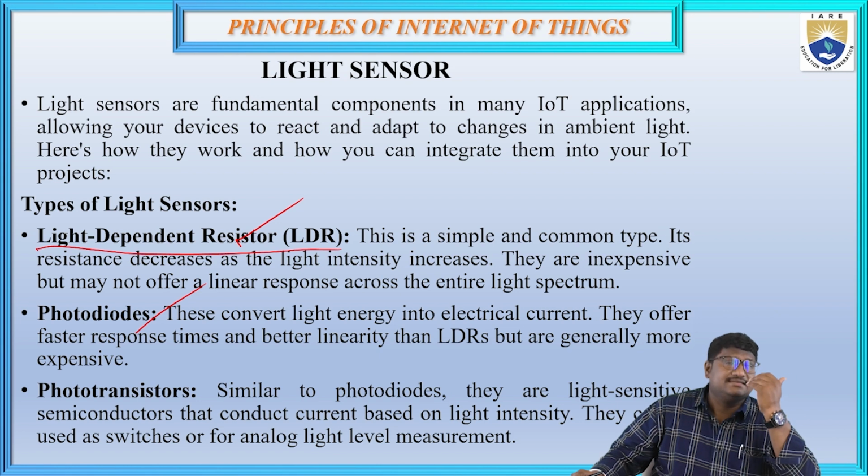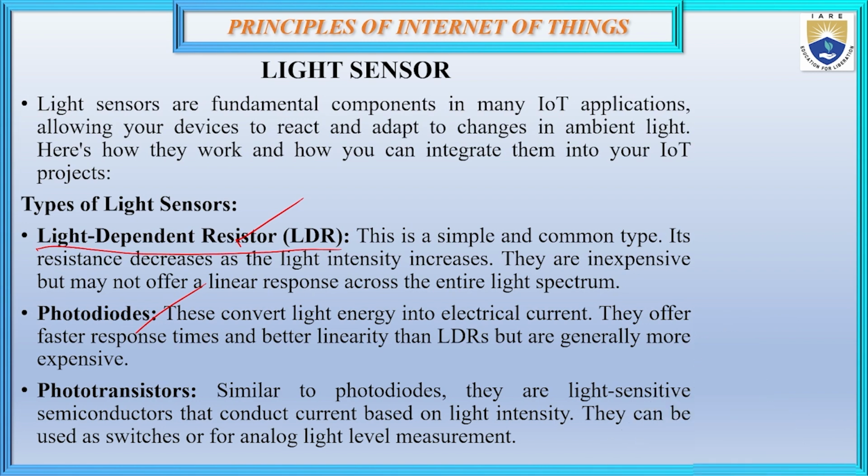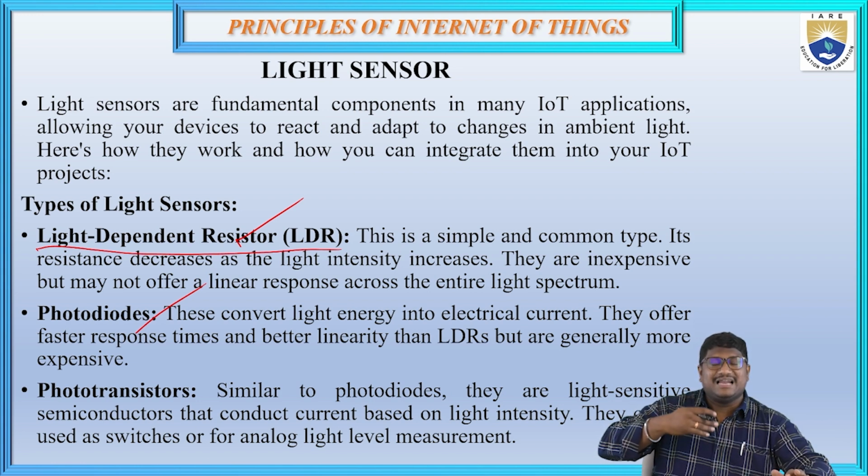And coming to phototransistors, these are a little bit similar to photodiodes. As I told you, photodiodes convert light energy to electrical energy. And phototransistors are very light sensitive semiconductors that conduct current based on light intensity. These can be used as switches for analog light level management: low, medium, high. Automatically the light brightness is increased as per the level.